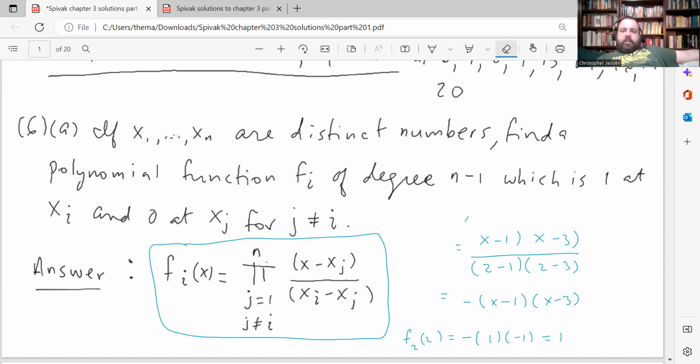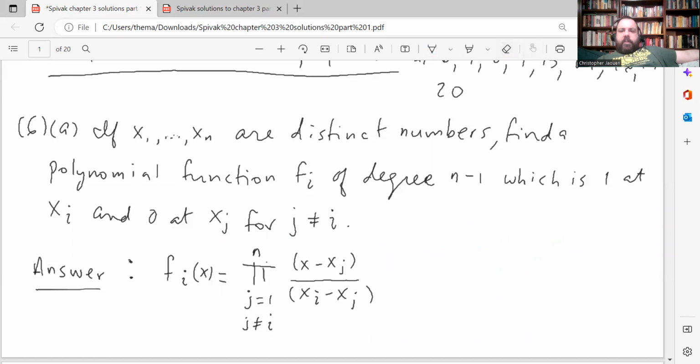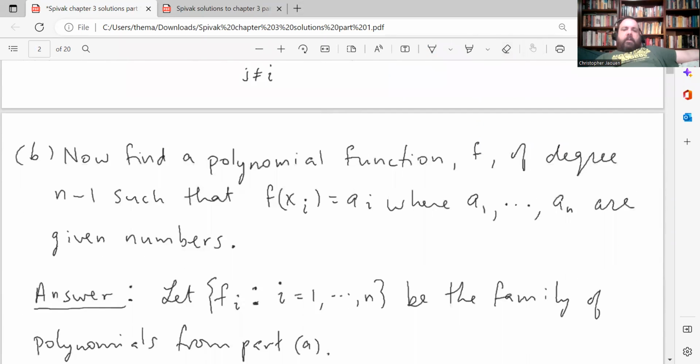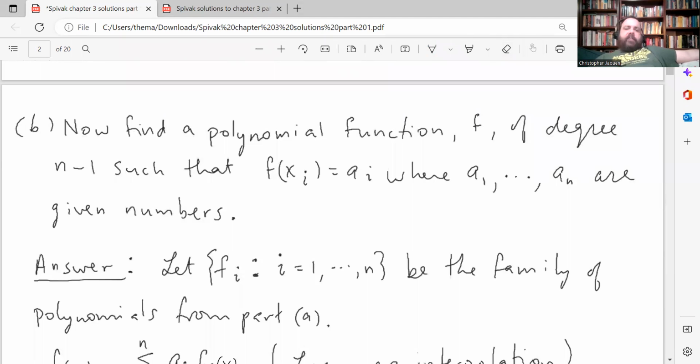All right. So let's take a look at part B then. In part B, we're going to use what we just derived in part A to write down the interpolation formula. Now find a polynomial function f of degree n minus 1 such that f of xi is ai, where a1 through an are given numbers.